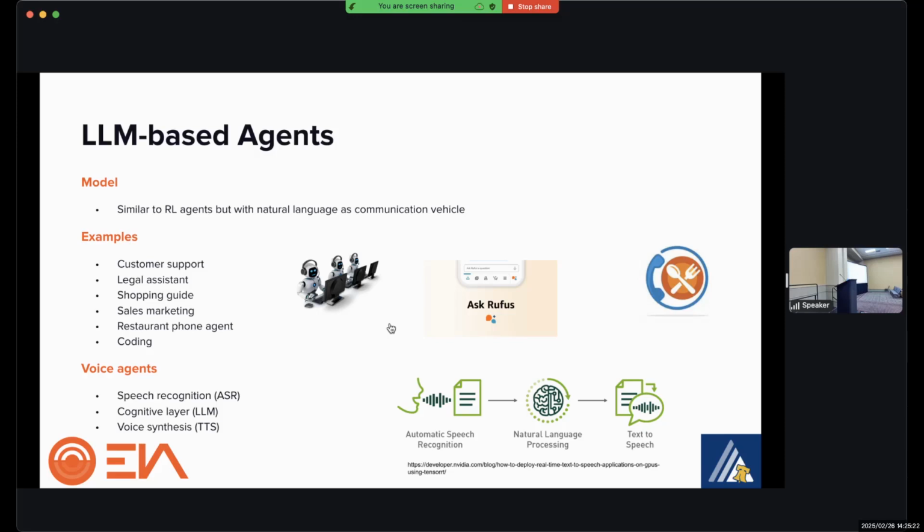And the last stage is voice synthesis, the TTS, the text-to-voice translation. That acts like an artificial voice to speak the text response from the cognitive layer, and that really makes the AI agent human-like.